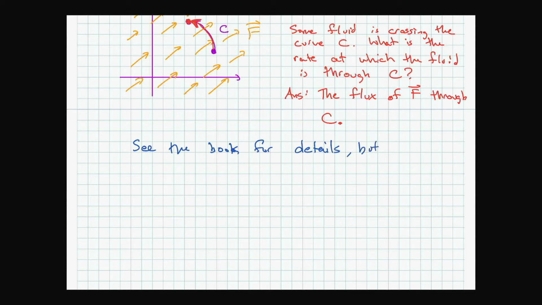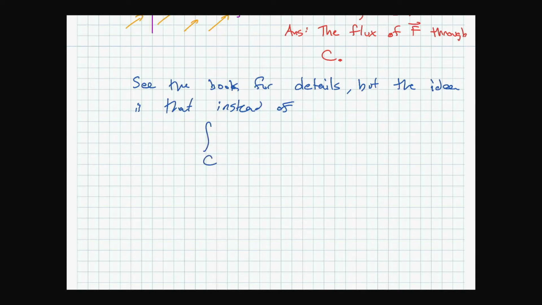but the idea is that instead of this integral over C of f dot t ds, you will have the integral over C of f dot n ds.